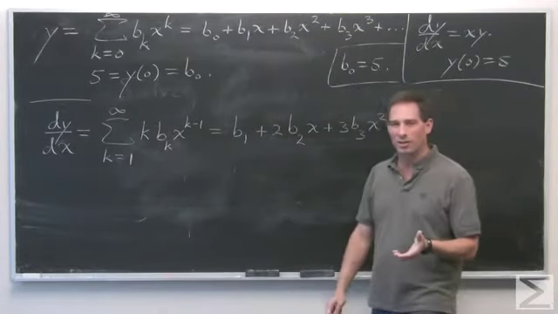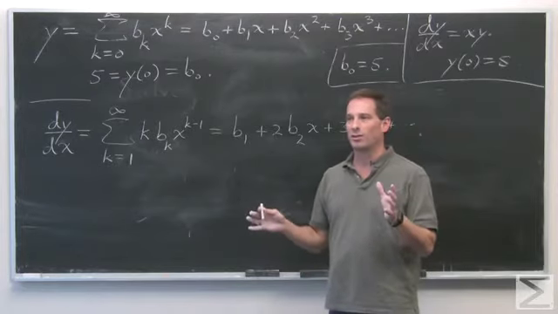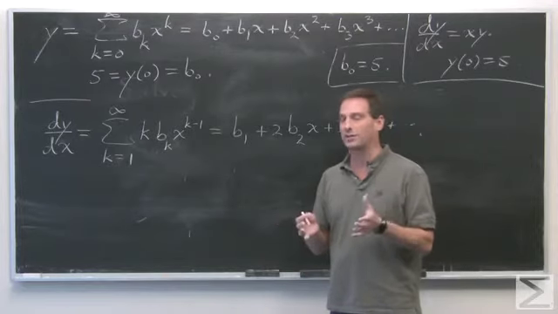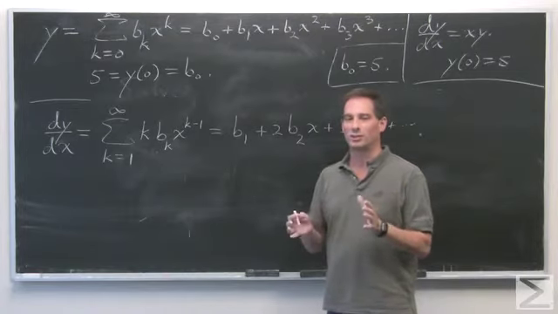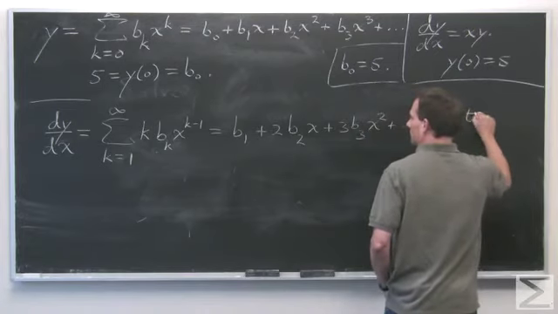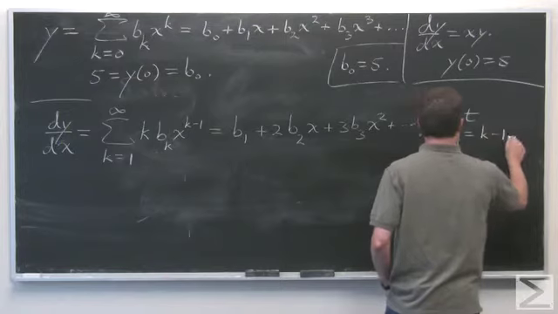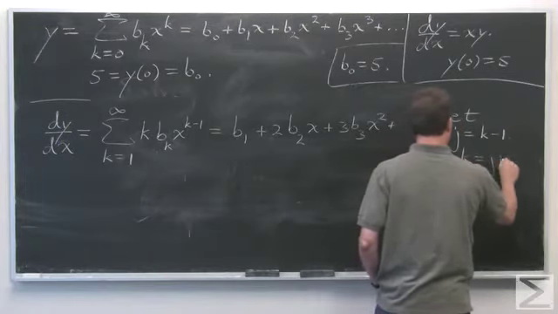It doesn't matter what you call the index, so after we call it j and rearrange the summation, or write it in a different way, it's true we could go back after that and replace all the j's with k's, but I won't. I'm going to let j equal k minus 1. And if you add 1 to both sides, that means k is j plus 1.